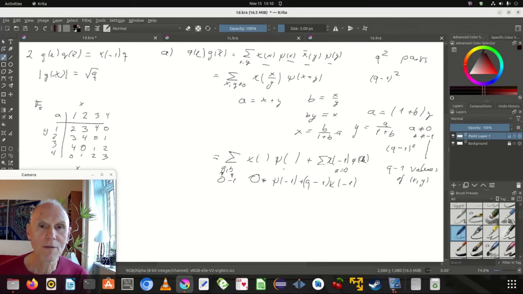Psi of the sums, psi of A and chi of B. Now we sum over all the B distinct from minus 1. So that sum gives minus chi of minus 1.